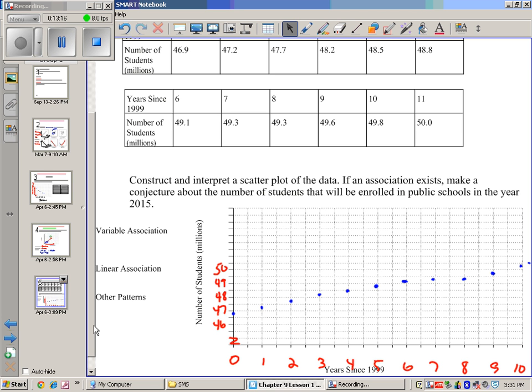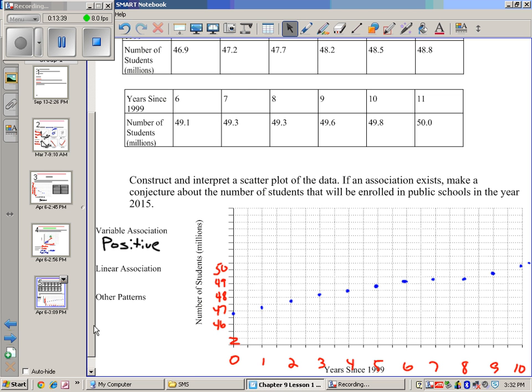So our variable association, do we see as x increases, so does y? That would be a yes. So we will have a positive association there. Linear association, we have a line, or a nonlinear association, we have a curve.